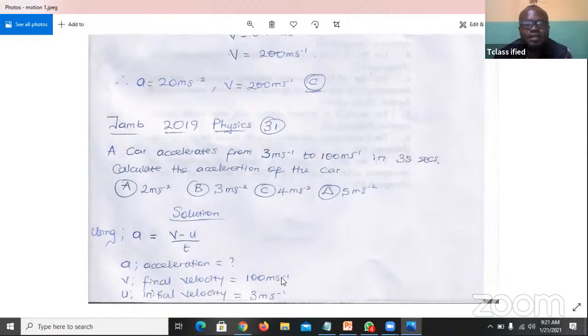V is the final velocity, which is 100 meters per second, whereas U is the initial velocity, which is 3 meters per second. So if you simply do 100 minus 3 all over the time, which is 35 seconds, you get the answer. So is anybody following that can solve all this and tell me the answer?